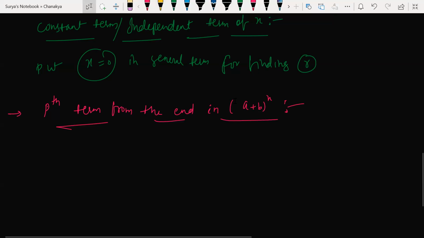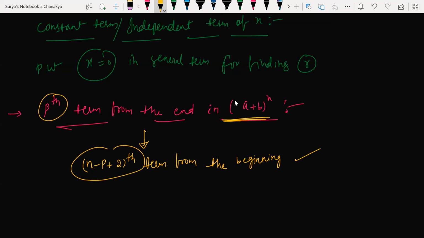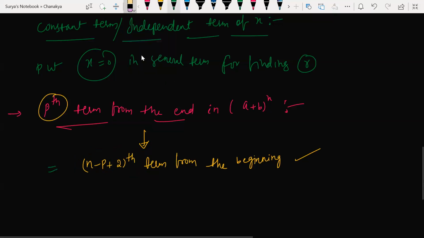The pth term from the end in this is going to be the (n minus p plus 2)th term. Very simple shortcut.